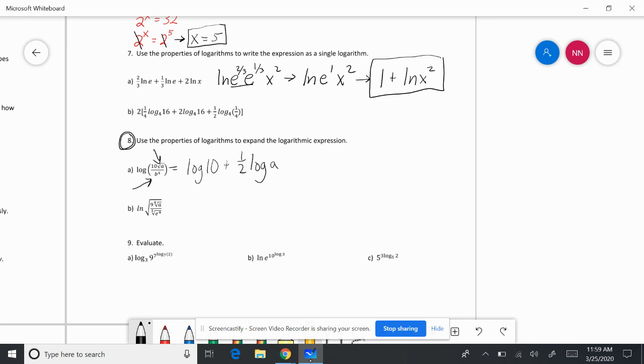Because this is in the denominator, we're writing a subtraction sign. This is a 4, so I'm putting the 4 in front, log of b. We know that the log of 10 is 1. So I have 1 plus 1/2 log of a minus 4 log of b.